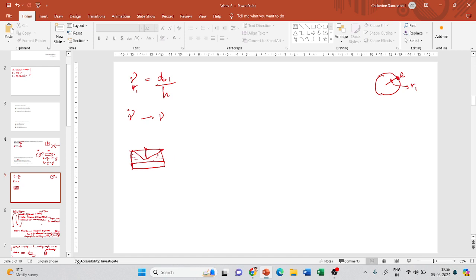So if you do the math, the change in the strain with radius is compensated with the change in height.